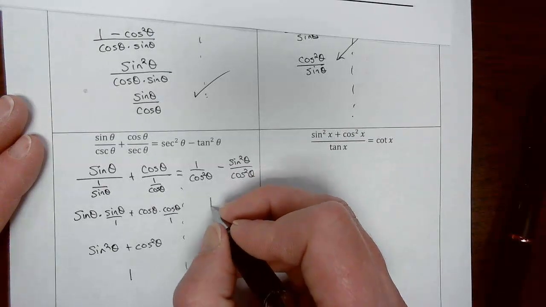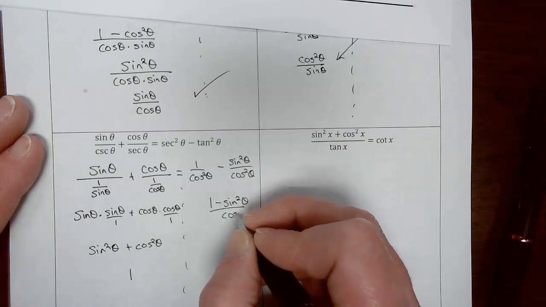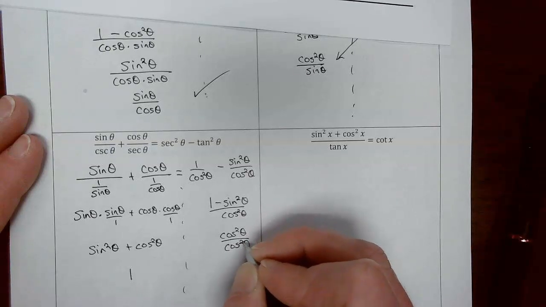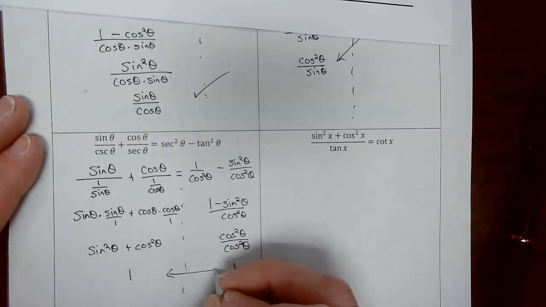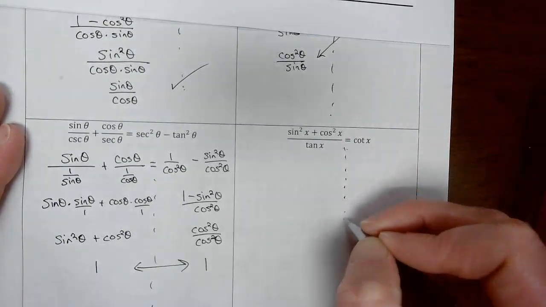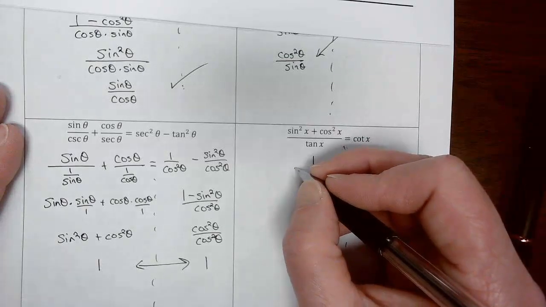All right, denominators match, so I'm going to combine the numerators. Well, 1 minus sine squared is cosine squared. They match. Sine squared plus cosine squared is 1.